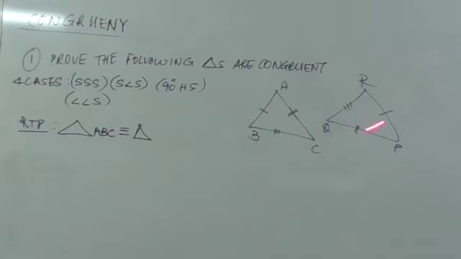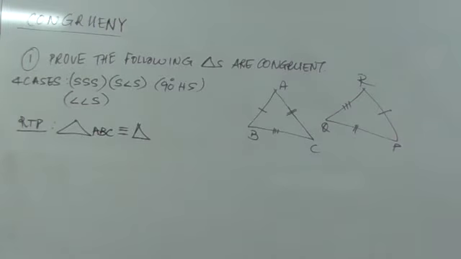So when you go to that triangle, you must move the same way. I must move along one stroke and then along three. You see, here I moved along one, then three. So here I must move along one, then three.